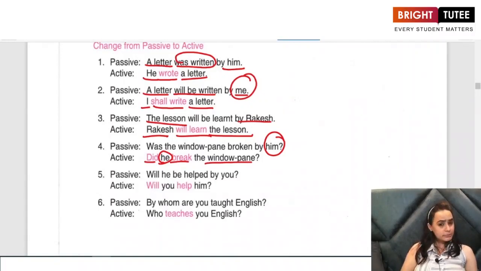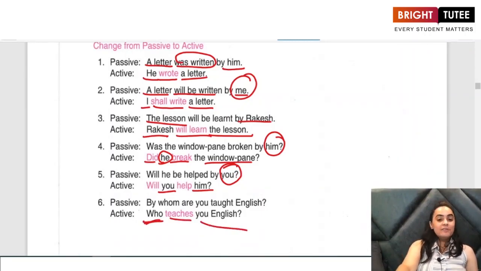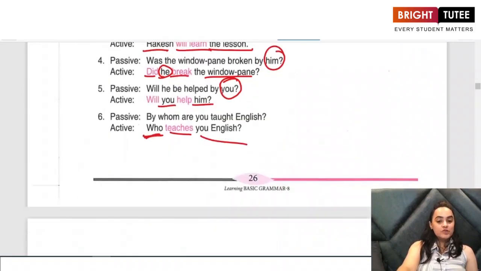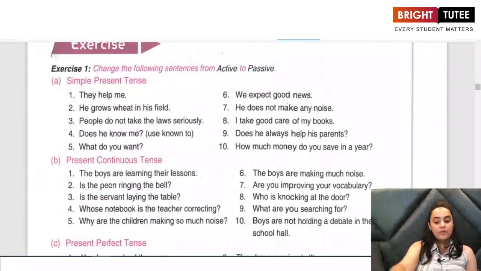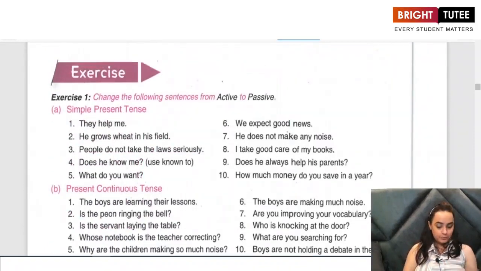Will he be helped by you? You is my subject, so will you help him? By whom are you taught English? So by whom changes to who teaches you English. So you see, if you remember the rules of changing the active to the passive, then changing the other way around is quite easy for you.